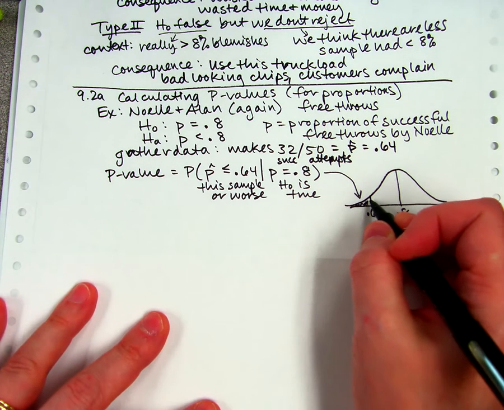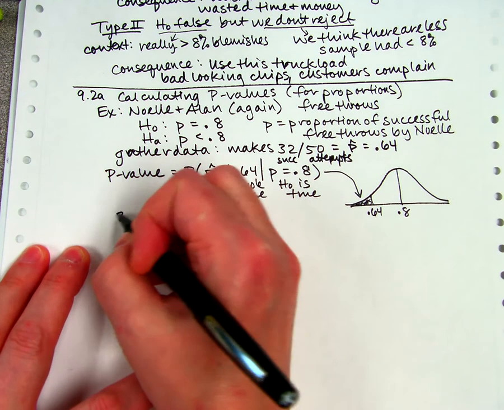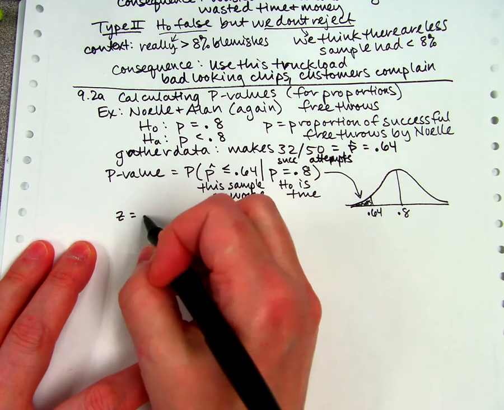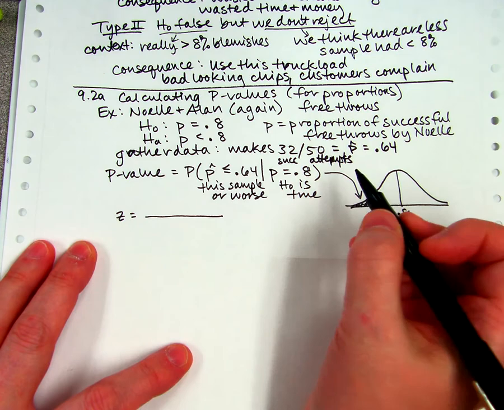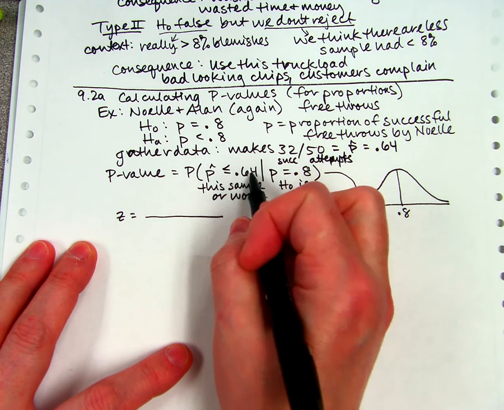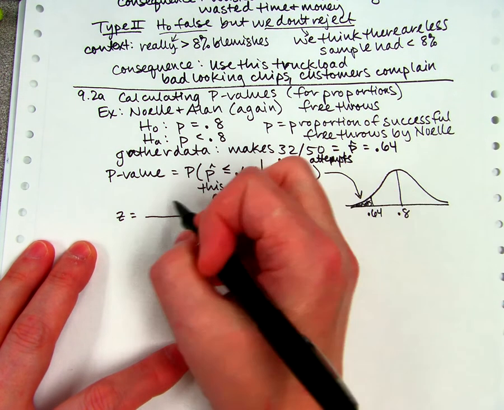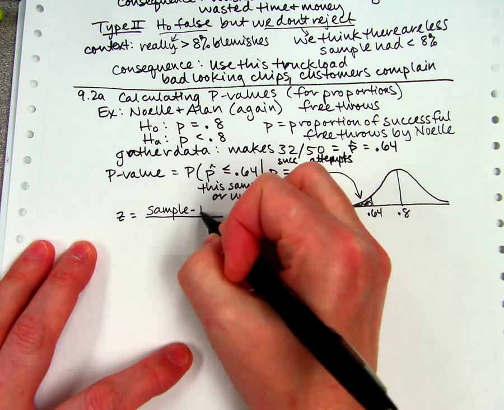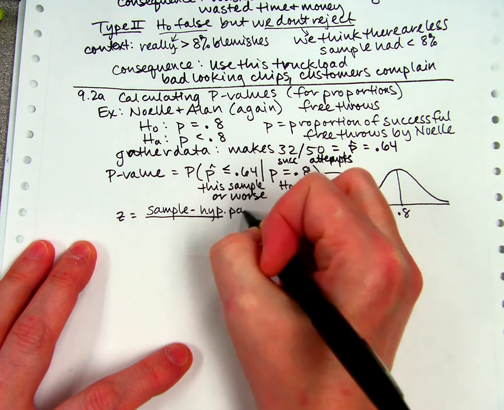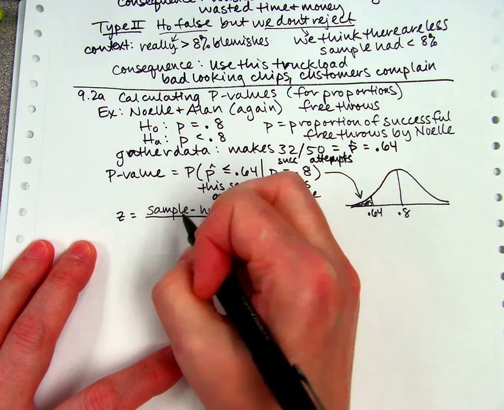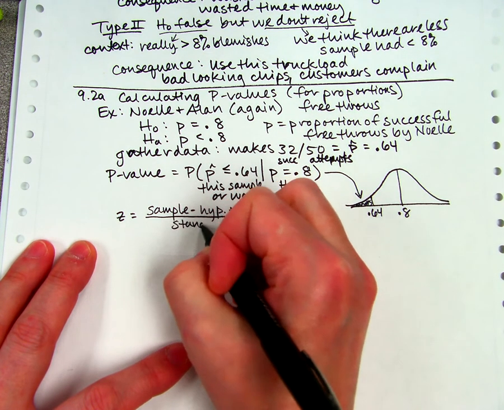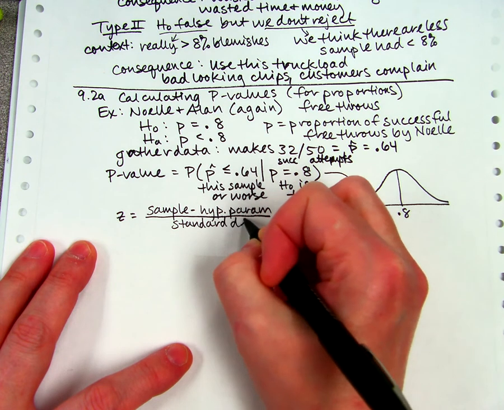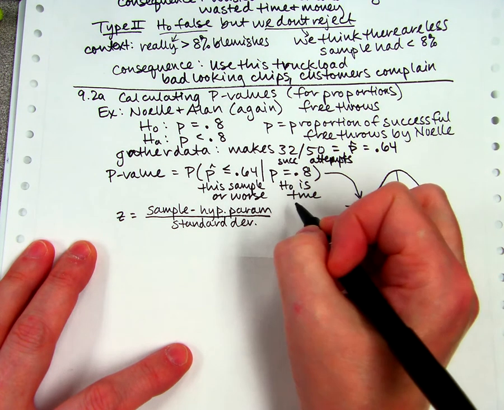So to find this probability, we're going to use a z-score and a normal CDF. And the z-score, instead of doing x minus mu like we started off with in chapter 2, is going to be our sample value minus our hypothesized value. So it's always going to be in this chapter the sample minus the hypothesized parameter divided by the standard error, which we know how to calculate. Actually, it's called standard deviation in this part because we're not going to estimate it from p-hat.